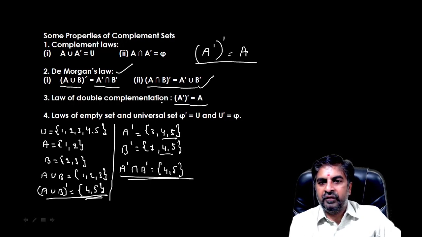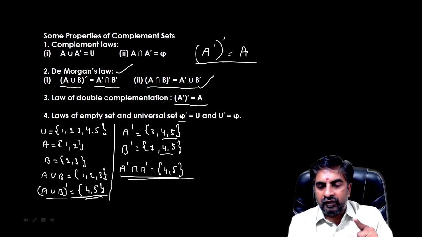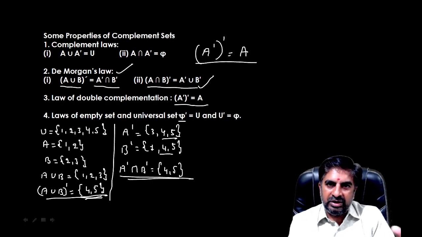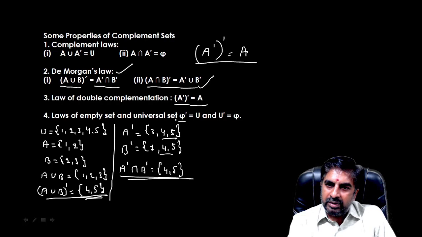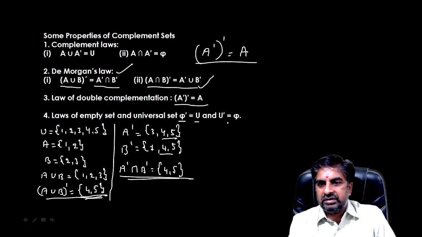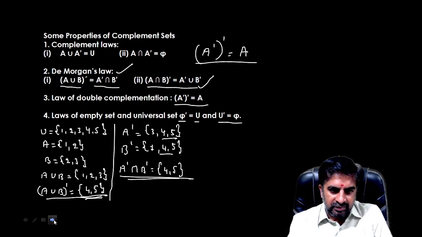This is called the law of double complement. Now, if you find the complement of the universal set, that will be the null set, because all the elements are already there. And the complement of the null set will be the universal set. These are simple things you can easily understand, guys.